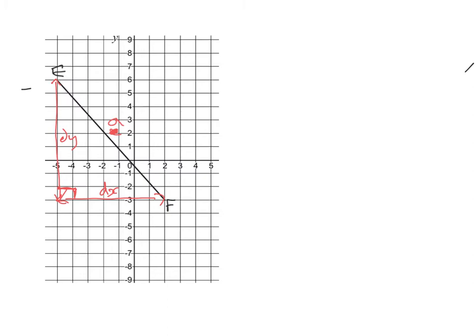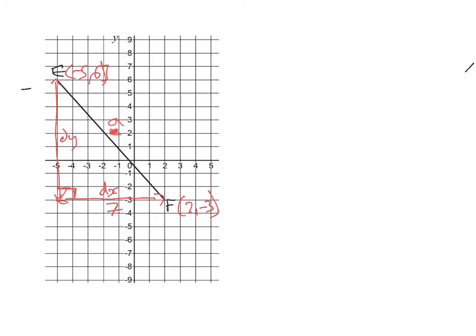Because it's just the difference between the x components for the two coordinates. So if the two coordinates here are, so what's E? -5 and 6. And F is 2, -3. So the difference in the x is between 2 and -5, so that's 7.